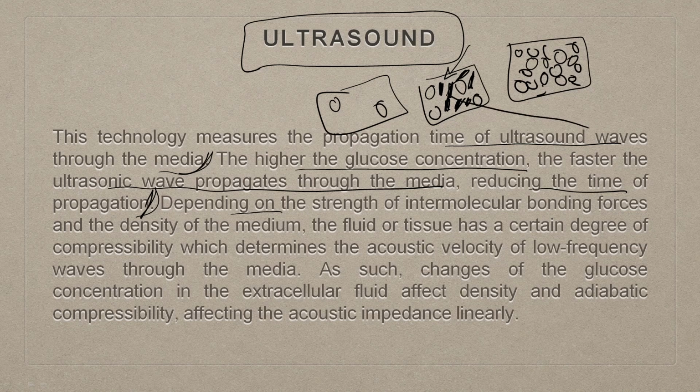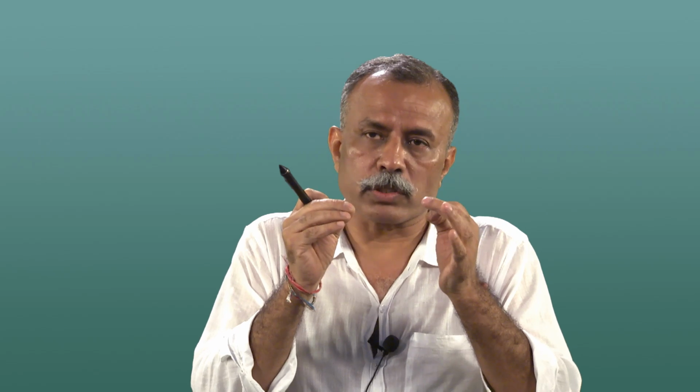The sound will travel faster, because in a solid, if you put your ear on a railway line, you could hear a train coming, because this pressure wave travels very fast in a solid medium. If you use that basic concept, what you have studied in class 7, 8, 9 and 10, you can exactly understand what is happening here.